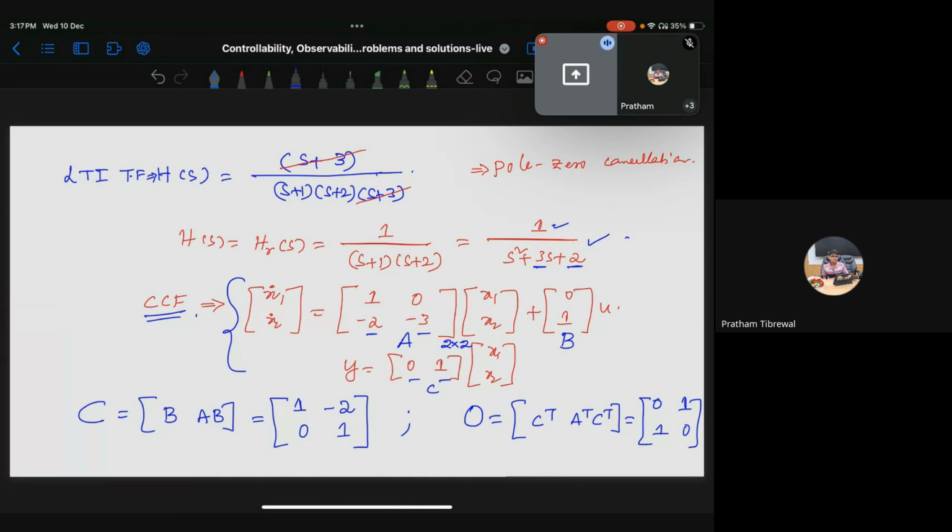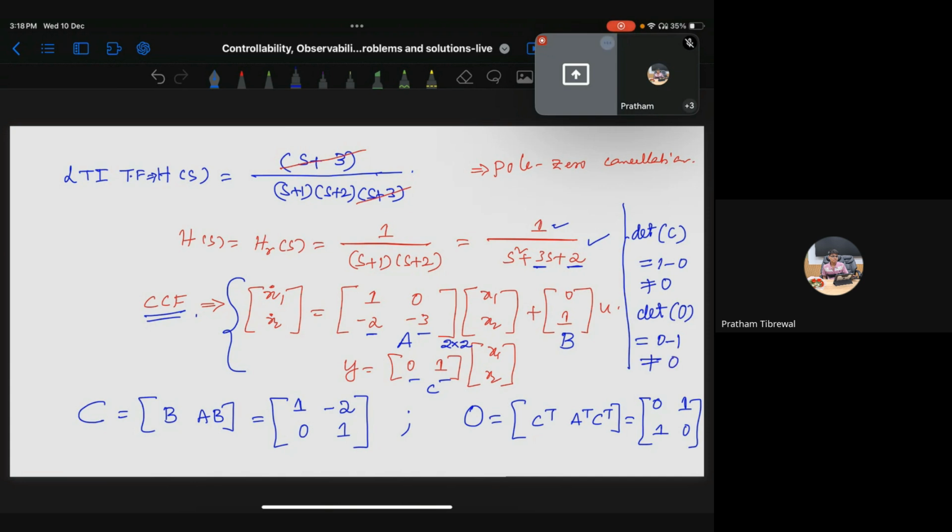Now you see, what is the determinant of the controllability matrix? It is 1 minus 0, which is not equal to 0. What is the determinant of O? It is nothing but 0 minus 1, which is not equal to 0.